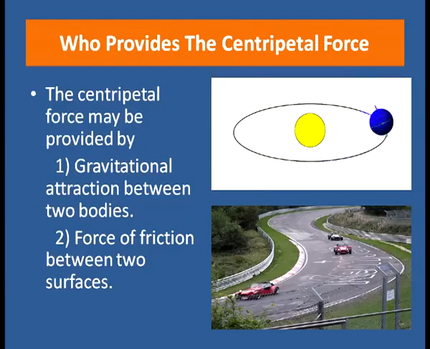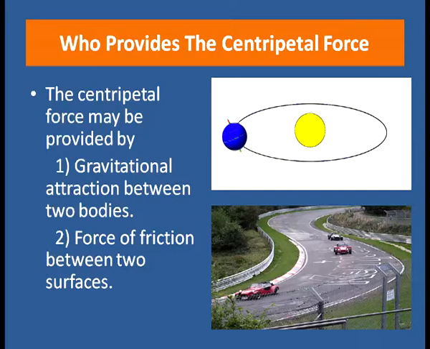So, who provides this centripetal force to the particle to move in a circular path? Well, the centripetal force may be provided by the gravitational attraction between two bodies, as in the case of planetary motion of Earth around the Sun. In case of this planetary motion, the gravitational attraction between the Sun and the Earth provides the necessary centripetal force to the Earth to move in a circular path.